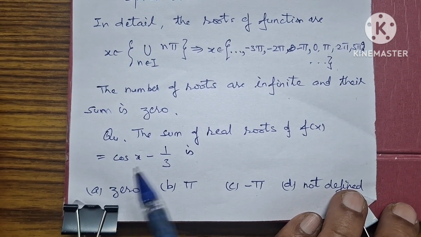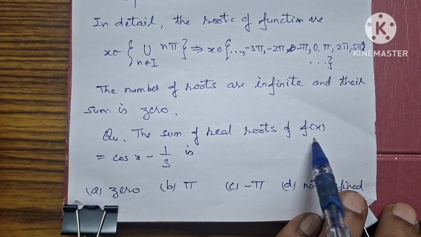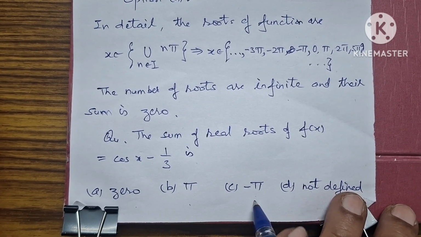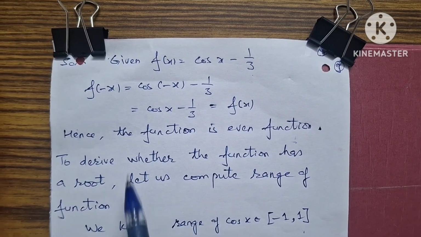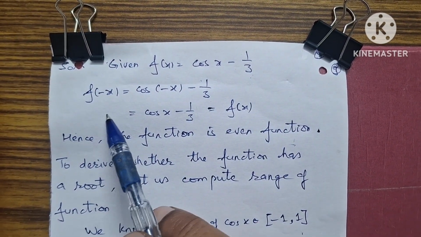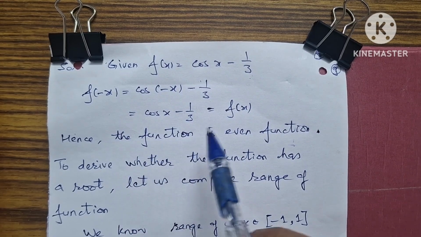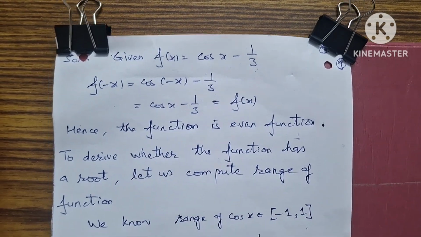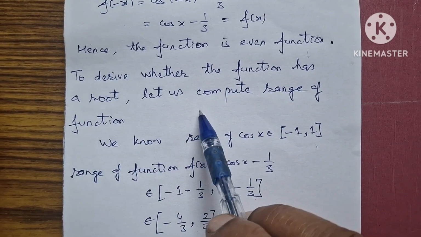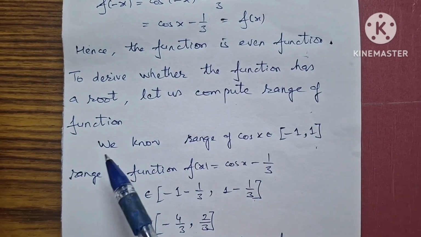Next question: the sum of real roots of the function cos x minus 1/3 is 0, pi, minus pi, not defined. Given function f(x) equal to cos x minus 1/3, it can be proved that it is an even function. To determine whether the function has a root, let us compute the range of the function.